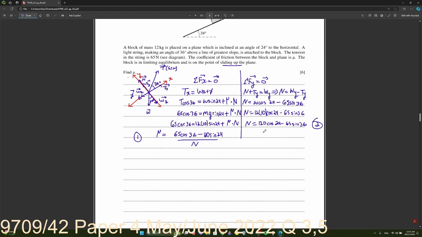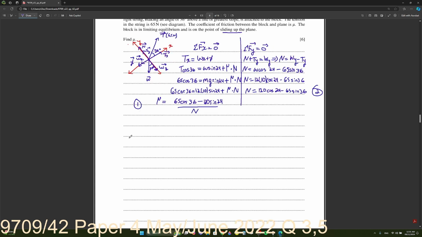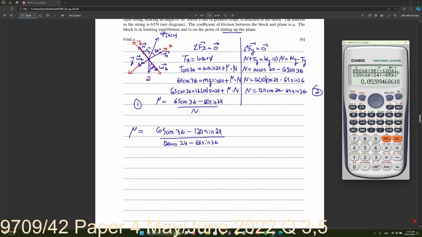I can now substitute this into this. So I'm going to get that mu is equal to 65 cosine 36 minus 120 sine 24 over N, which is 120 cosine 24 minus 65 sine 36. Put it in your calculator.